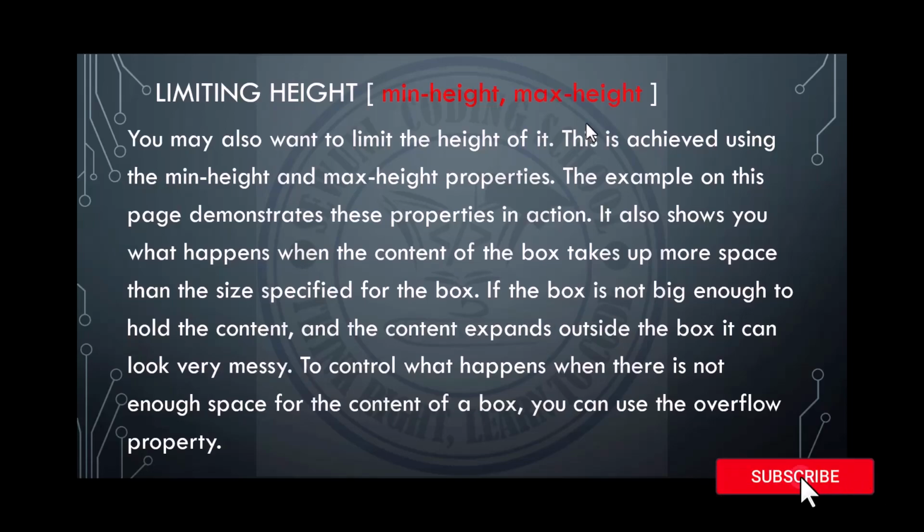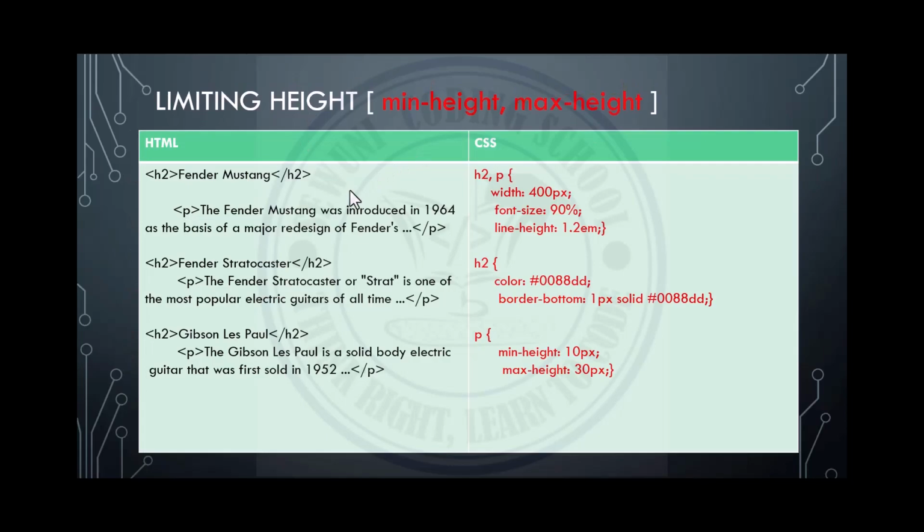To control what happens when there is not enough space for the content of the box, you can also use the overflow property. But for now, we are talking about the minimum height and the maximum height. So if the content is more than the box, it's going to go outside the box. Let me show you an example. Now this is the example. I'm going straight into my text editor to show you how it's going to work.